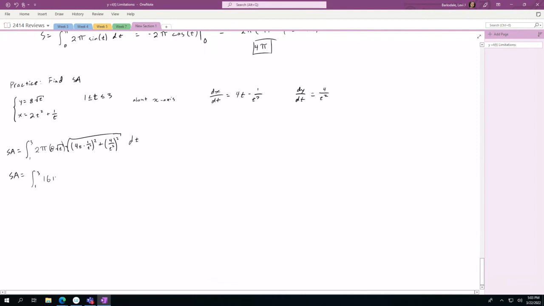And that gets us 16 pi times the square root of t times the square root of, if we FOIL out our 4t minus 1 over t squared, then we get 16t squared. We have minus 8 plus 1 over t to the 4th plus 16 over t to the 4th.